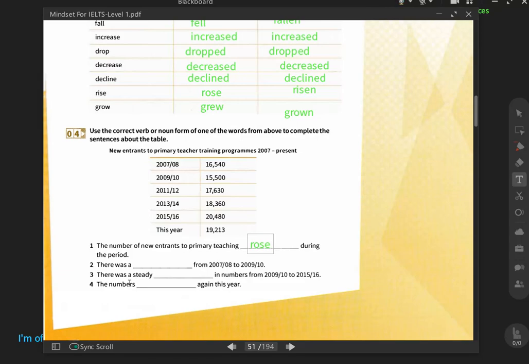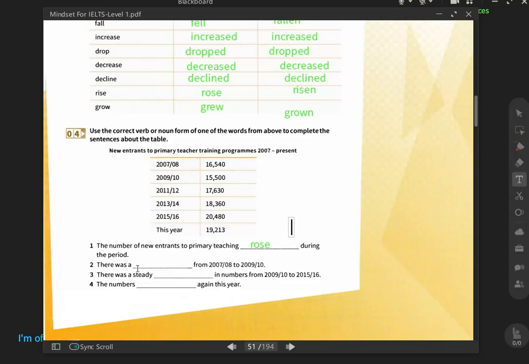I need a noun, right? Of course, just let me say something. You can say rose, you can also say increased. So it's your choice. I just use one of them. I mean increase, but I need a verb here.